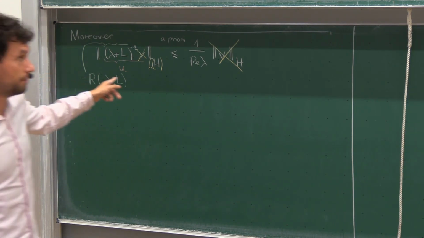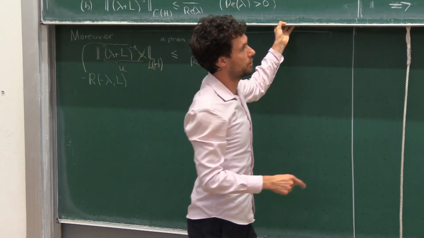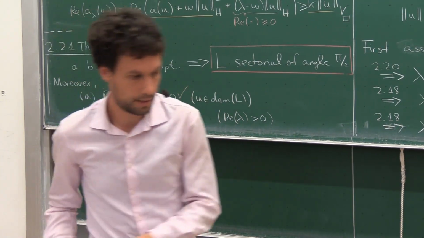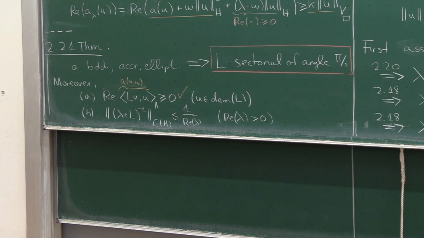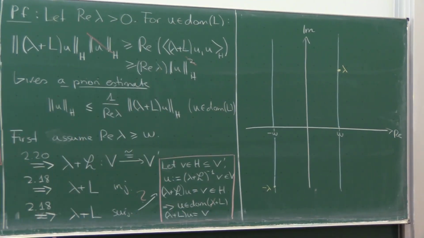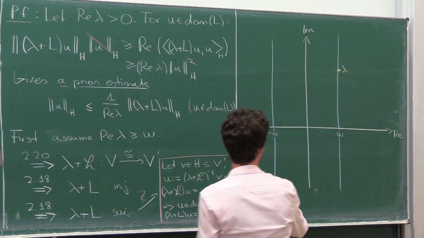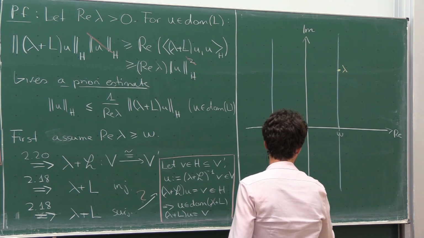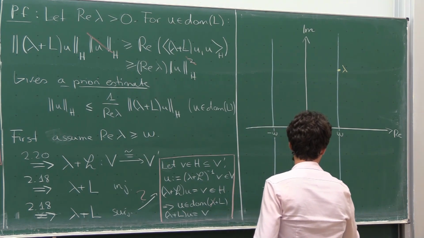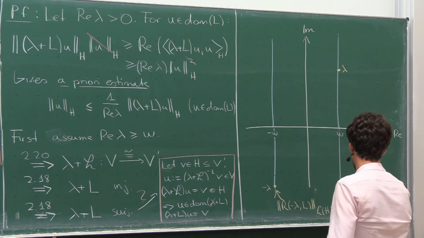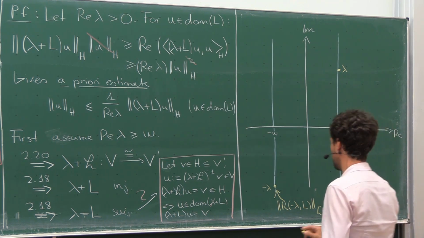Okay, keep that in mind, because now I'm going to work in the picture. And so what I just did with you is I managed to prove that at this point down here, I have a resolvent estimate. Okay, so at this point, I showed you that the resolvent in operator norm is less than 1 over the real part of lambda.